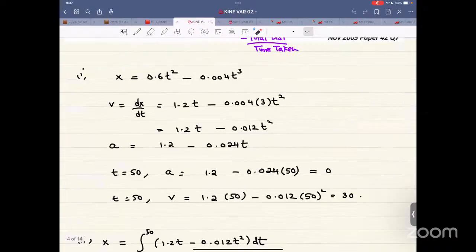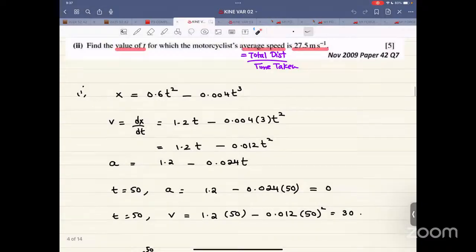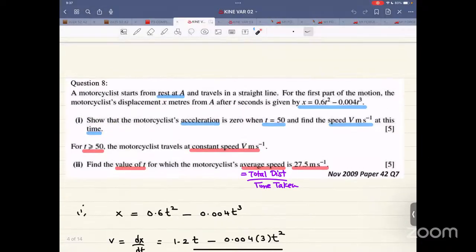So now over here, let me show you some past paper questions, something like this. Have a good look at this question. So I'm just writing over here kinematics. And this is almost done.